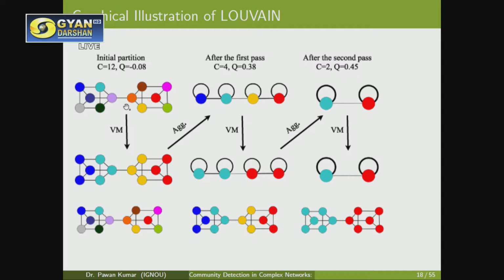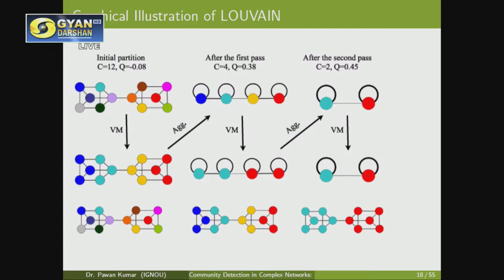Then at the next iteration, each node is checked for its neighboring communities. If it is shifted to a neighboring community, the modularity of that shifting is computed.